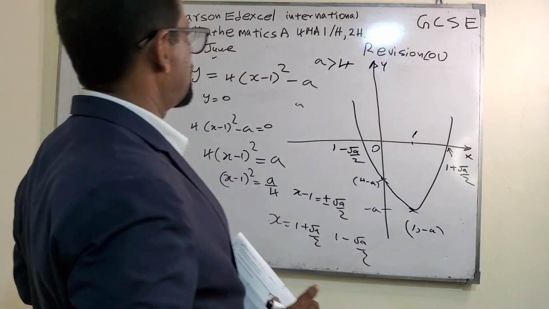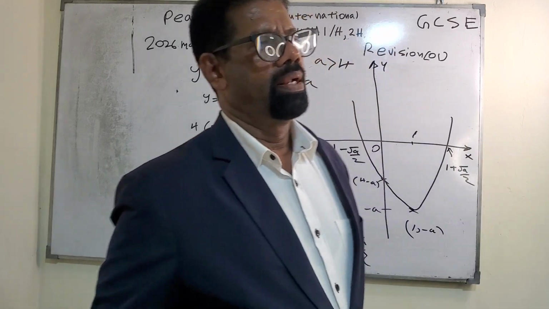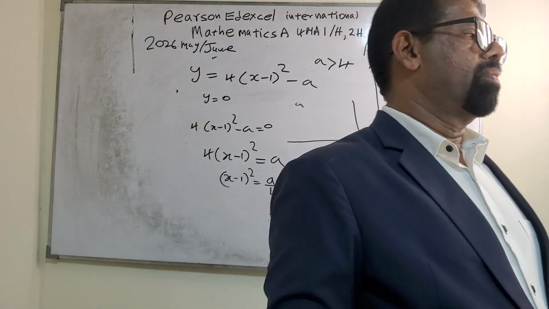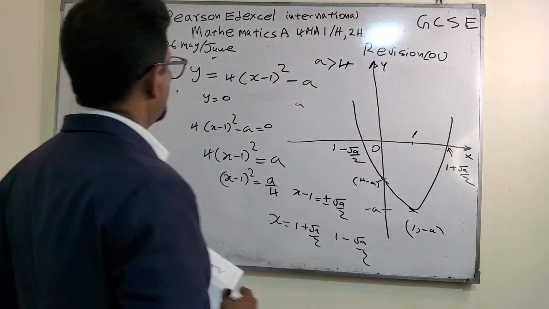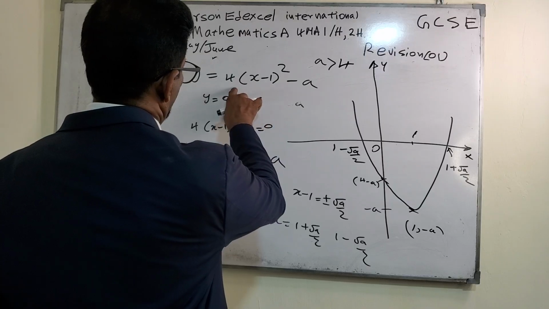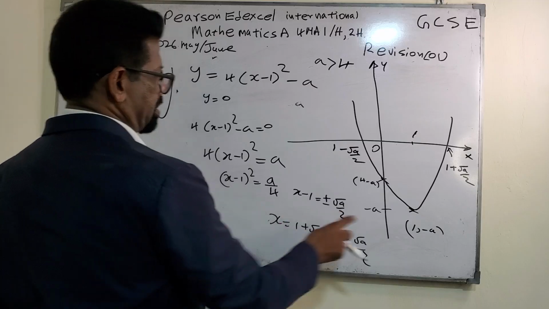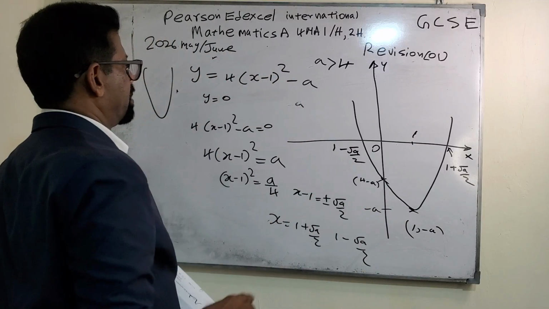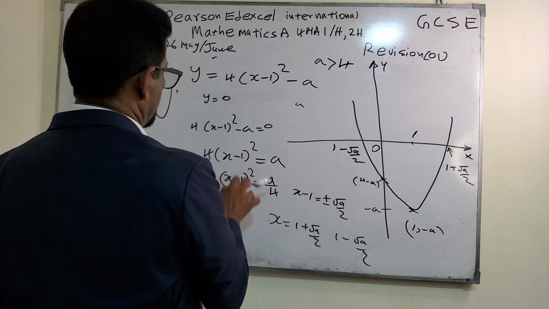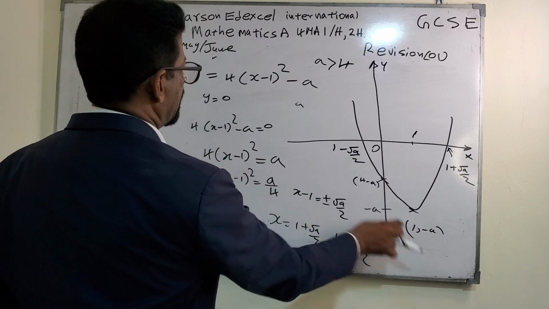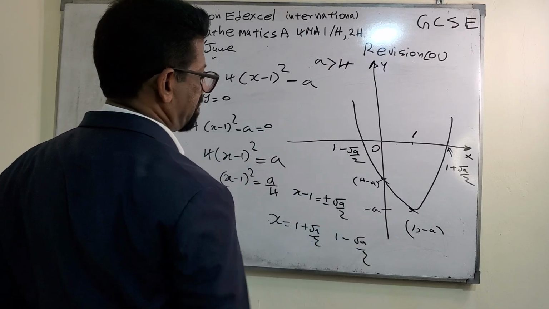For a quadratic ax squared plus bx plus c, a greater than 0 means a minimum graph and a less than 0 means a maximum graph. This is square form with 4x squared, so it is a minimum graph. The minimum point has x minus 1 equals 0, so x equals 1, and the y coordinate is minus a. This is the minimum coordinate.